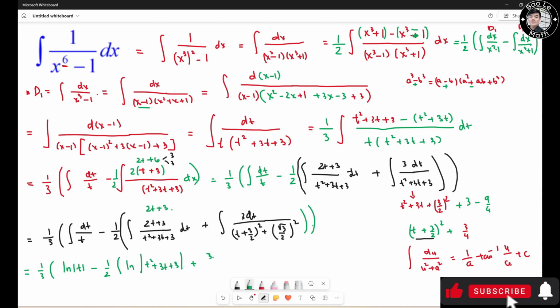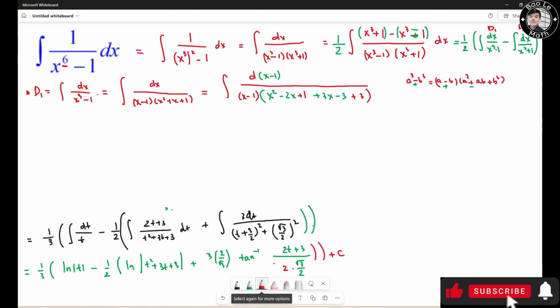So this turns out to be 3 times 2 over root 3 tangent inverse of t plus 3/2, which is going to be (2t plus 3) over a, which means root 3 over 2. And you have 2 right here, right?